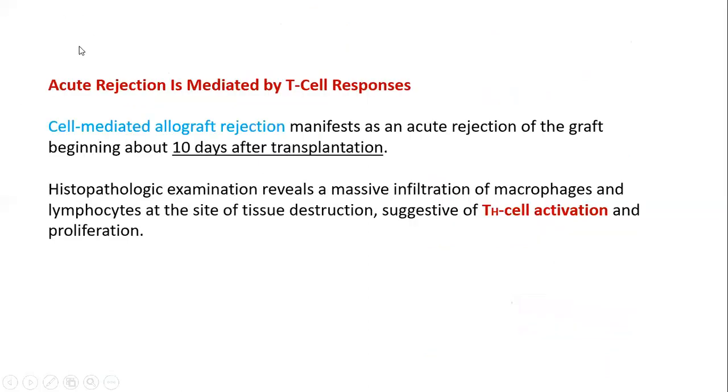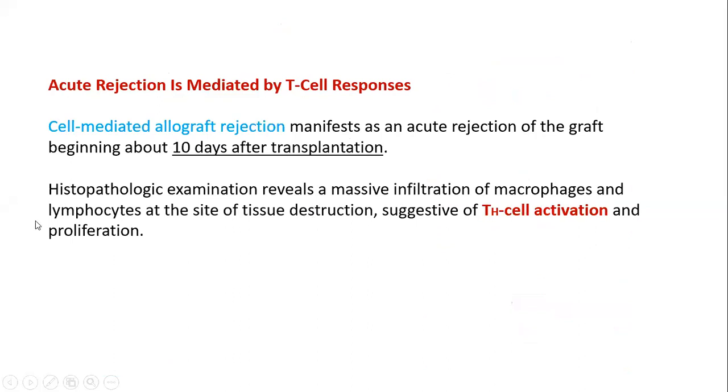For example, acute rejection, beginning about 10 days after transplantation, is mediated by T cell responses. This is cell-mediated allograft rejection. When you examine the graft tissue that is going to die soon by histopathological examination, it shows massive infiltration of macrophages and lymphocytes at the site of tissue destruction.